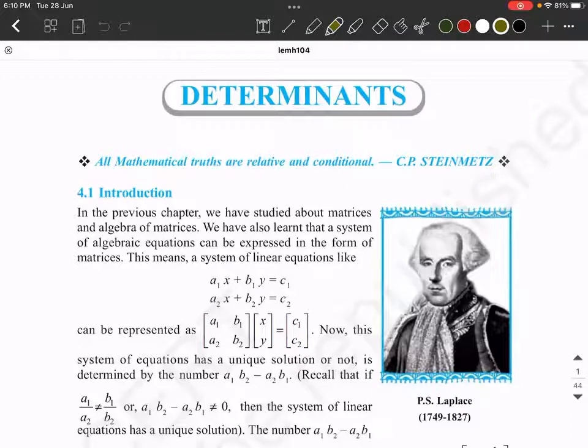Why did we do that? To understand certain operations that can be done between numbers in a more systematic format. For example, if I talk about a computer science student, when you write the program for arrays, you write the for loops and all those things, where you will follow the concept of matrices.